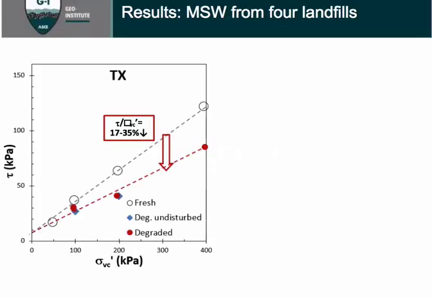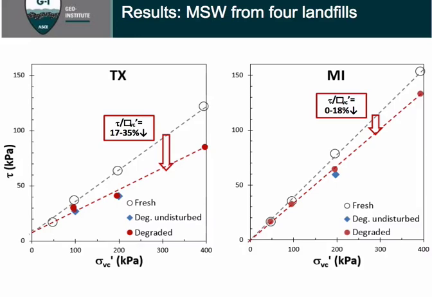But that's not the whole story because this is only one site and we saw shear strength reduction after degradation. What happened to all the other sites with different waste composition? For the Michigan waste, we also saw a decrease in waste shear strength between 0 to 20%, as you can see on the figure to the right.